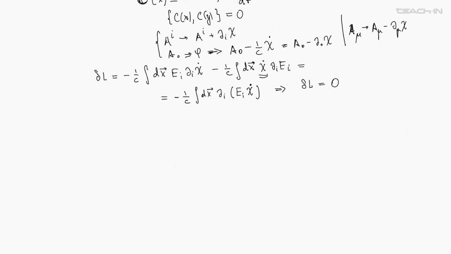So dA_i over dt will be the Poisson bracket of the Hamiltonian, this bold Hamiltonian, with A_i, but I also have to take into account this term with A_0 and the Gauss law.